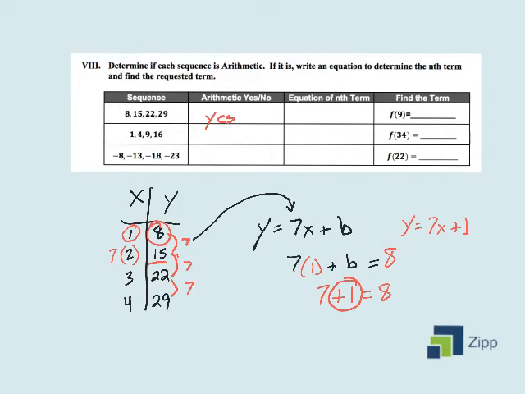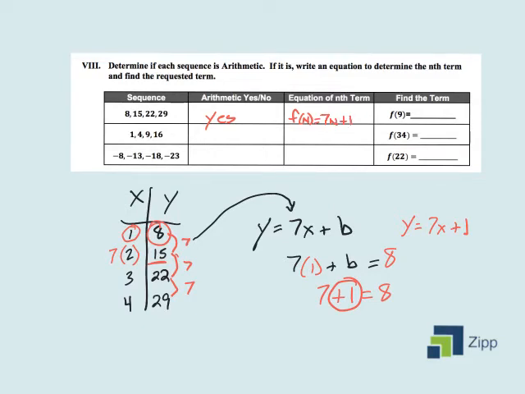The equation is going to be y equals 7x plus 1. A more appropriate way to write this might be f of n equals 7n plus 1.